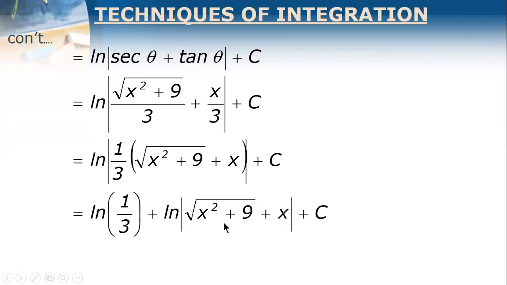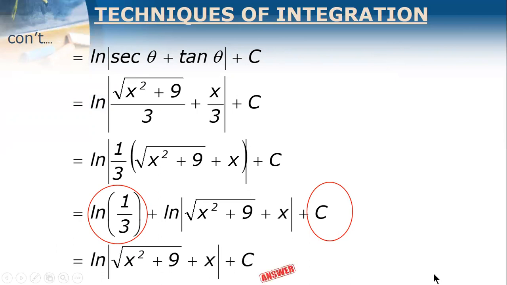And since ln 1/3 is a constant, we can combine this one with c being a constant now. A constant plus another constant will still be equal to a constant. So this one and this one combine, and you can just replace it by c again, being a constant. So the final answer for this is ln of square root of x squared plus 9 plus x, plus c.